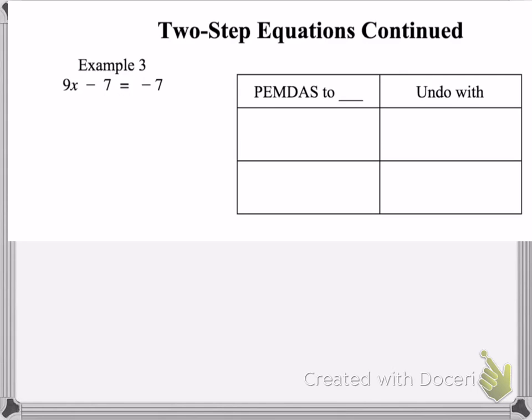Okay, there's a lot of examples, so bear with me. Order of operations to the variable x. We know this is 9 times x. By the order of operations, no parentheses, no exponents. We do have multiplication, so times 9. And then we were going to subtract 7.